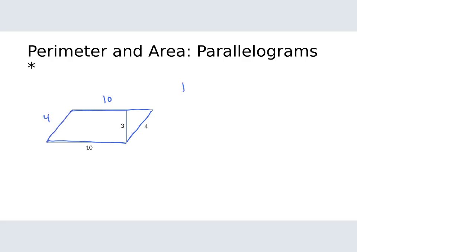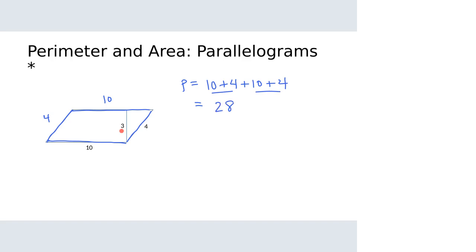So when we go to find our perimeter here, you can imagine yourself starting out anywhere, but I'm going to put myself in the top left, and I go 10 plus 4 plus 10 plus 4. That's how we'll get the perimeter of this figure, adding up all four sides. And that's 14 and 14 is 28.